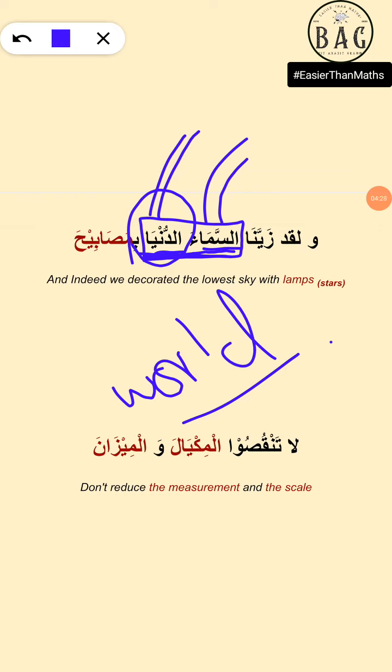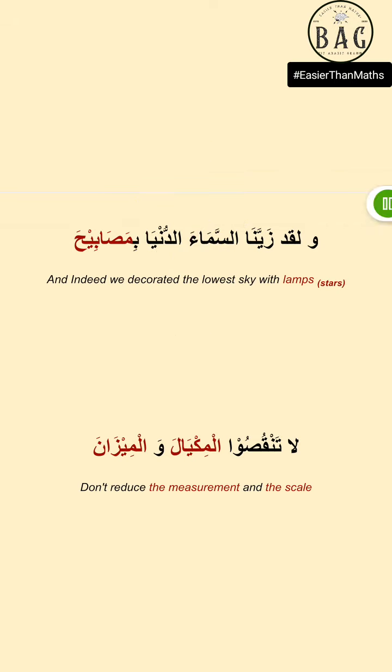Now, if you translate this Mawsuf Sifa fragment in light of the translation I just gave you for the word dunya, you would say the closest, or the lowest sky. That's how you would translate it, as the lowest sky.